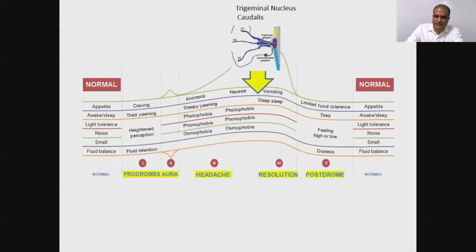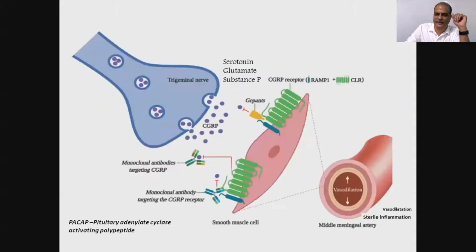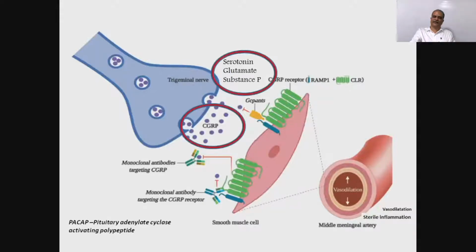cascade. So as we saw, the headache occurs when the trigeminal system gets activated. When this gets activated, there are a lot of things happening at the cellular level. From the trigeminal nerve ending, there are a lot of substances being released, and the most important here are serotonin, glutamate, substance P, and the calcitonin gene-related peptides.